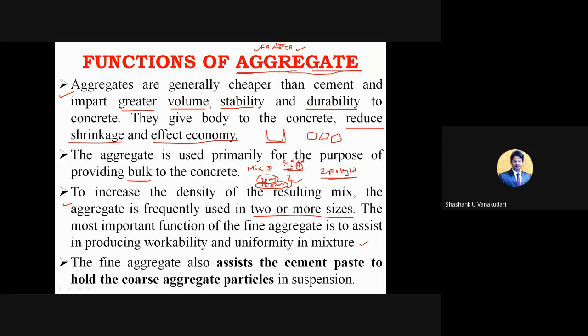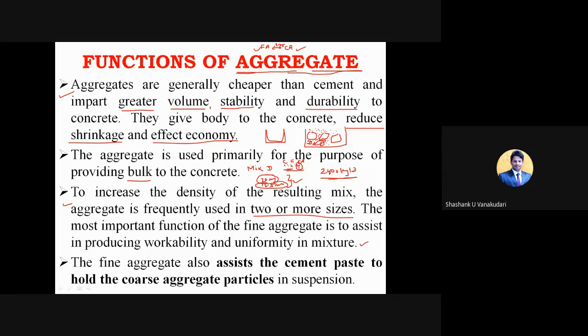Clear? And then within a particular volume, you are taking coarse aggregates, and whatever the gaps between these can be filled by the fine aggregates. Taking only coarse aggregate as well as the cement won't give the proper bonding as well as sufficient strength between those ingredients.